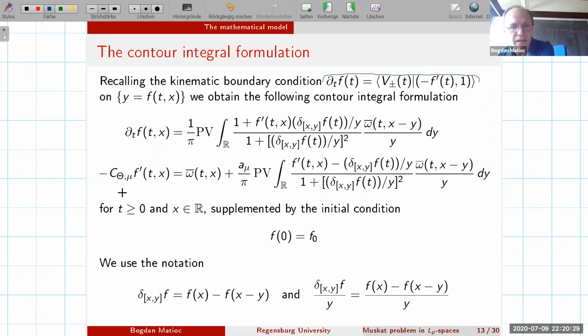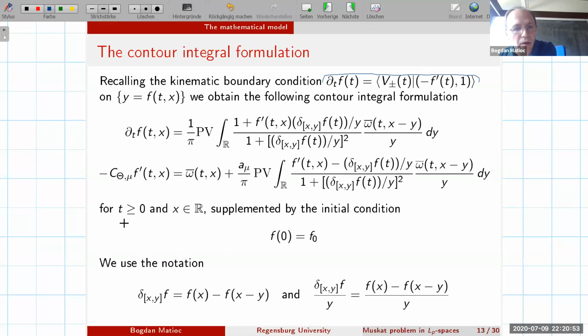This is a coupling between f prime and omega bar. Because we have a single evolution equation, we have an initial condition f naught. So f is assumed to be known at time t equals 0, and these equations are defined for x in R and positive times t.